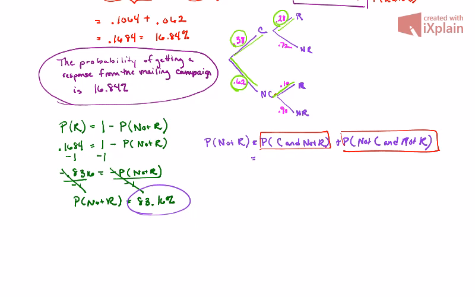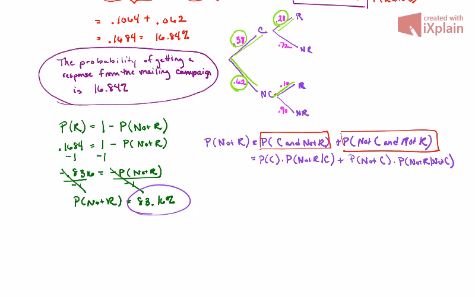The probability of having a credit card and not responding is the same thing as the probability of a credit card times the probability of not responding given that you have a credit card, plus the probability of not having a credit card times the probability of not responding given that you do not have a credit card.